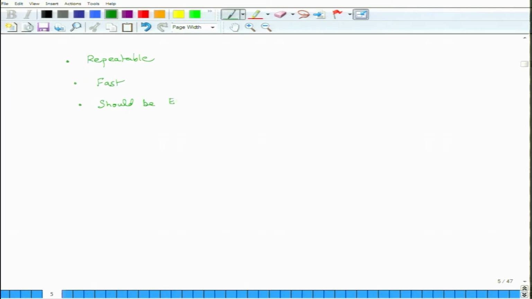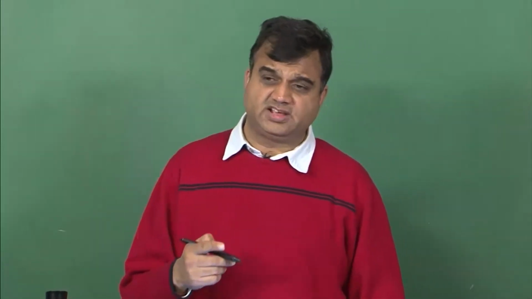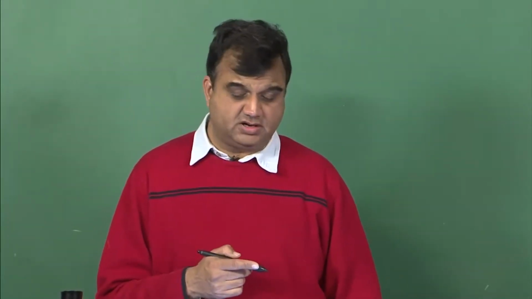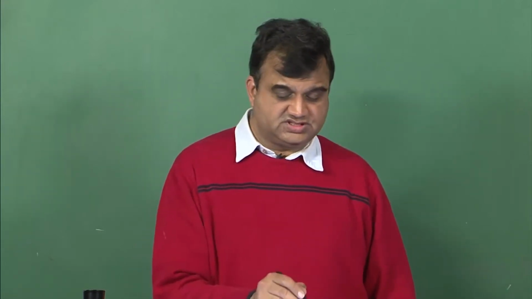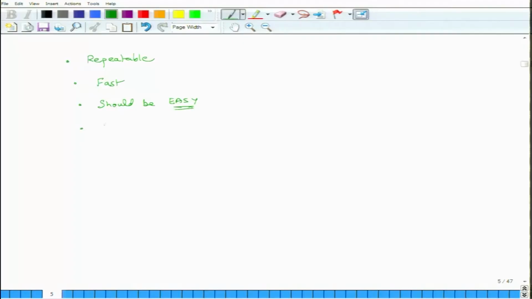Now, this may sound trivial, but a lot of composite production processes are time intensive, they require several steps, they require experience on the part of the users or of the fabricator. So, you need a good amount of expertise when producing composite structures. So, this is important in that context, and then of course, it should be inexpensive.